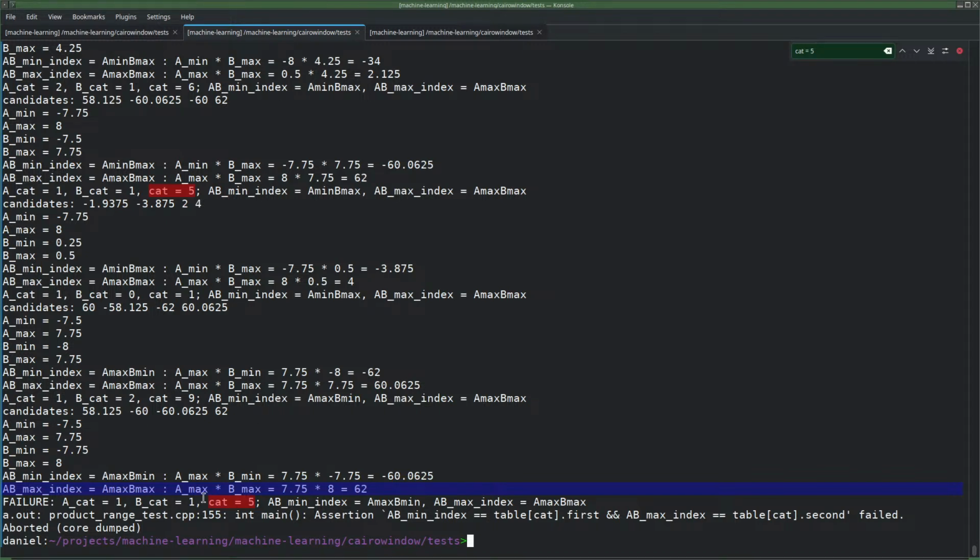And here you have the same values. Now this is the same, of course. A max times B max, because there was only one choice. Yep, that changes.